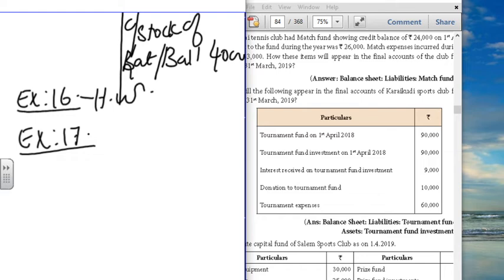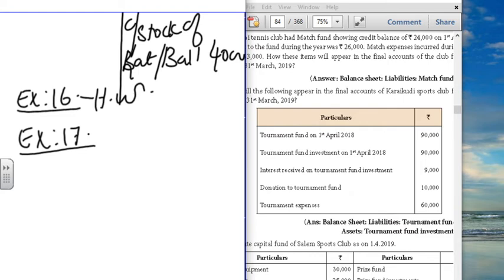Chennai Tennis Club had a match fund showing a credit balance of 24,000 on 1st April. On 1st April is nothing but the opening balance for the year. Receipt means you have to add it. Match fund expenses means you have to minus it. So 24,000 receipt I have told to add. So 24,000 plus 26,000 receipts, minus 33,000 expenses. So this is the method we are going to apply.